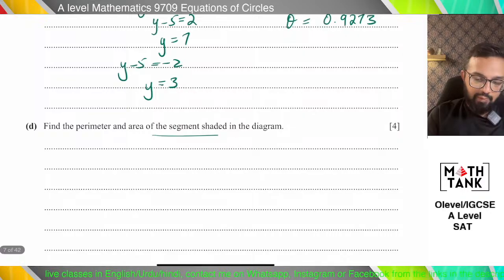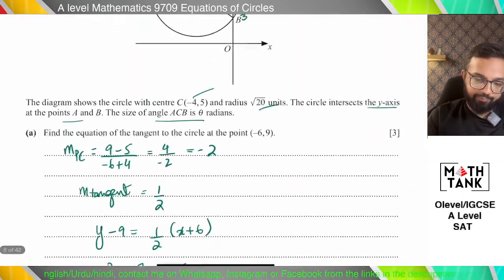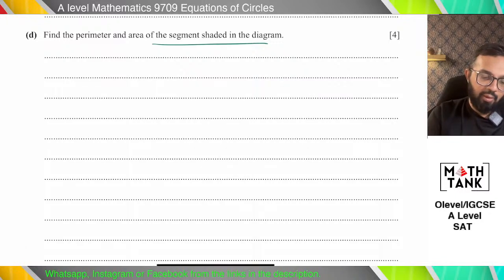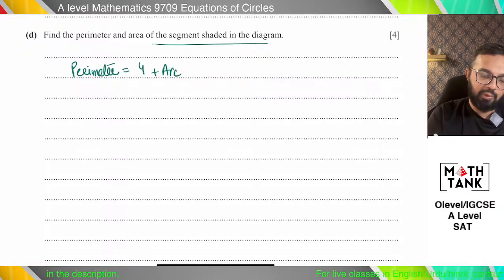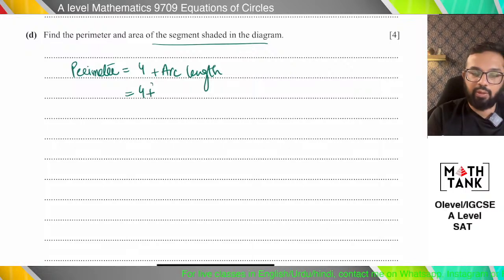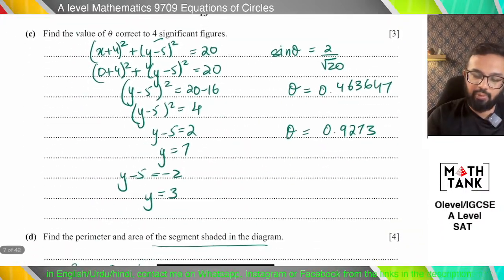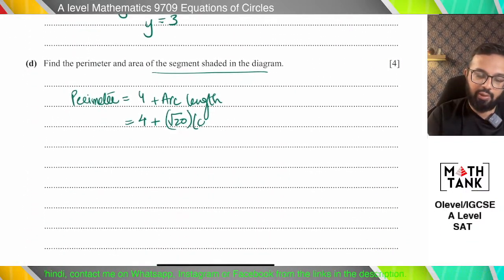The perimeter and the area of the shaded segment in the diagram. So for perimeter, I simply have 4 plus the arc length. 4 plus r theta. r is root 20 and theta I just found out as 0.9273.